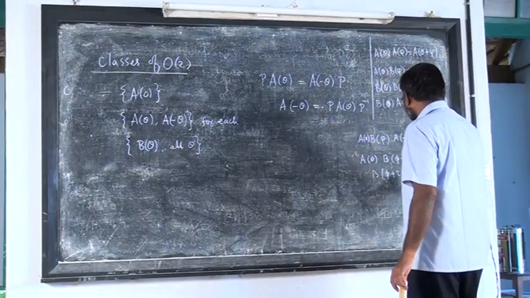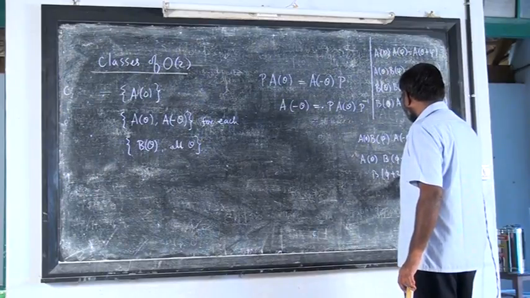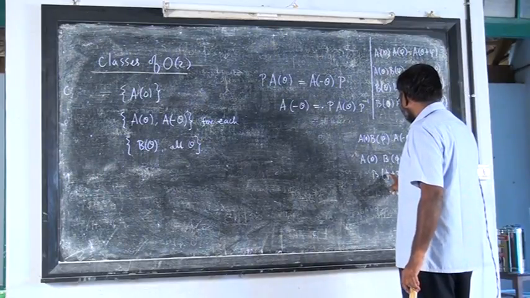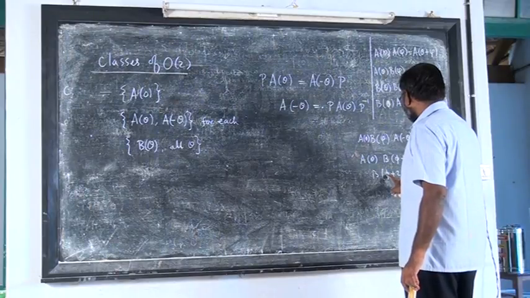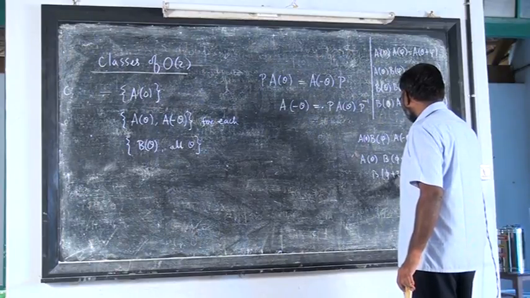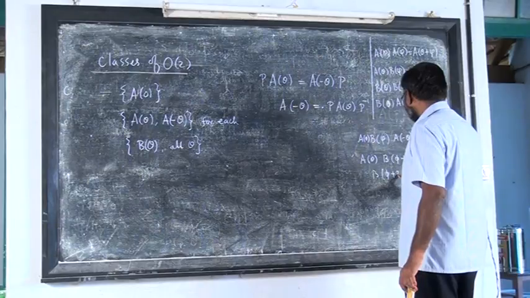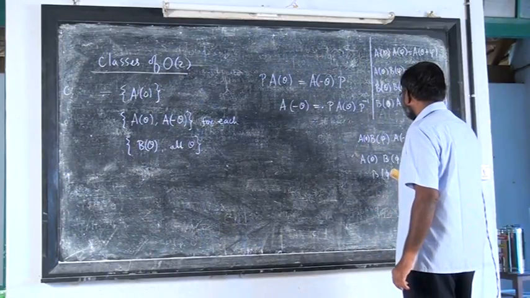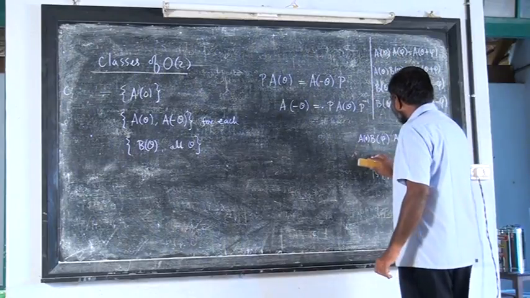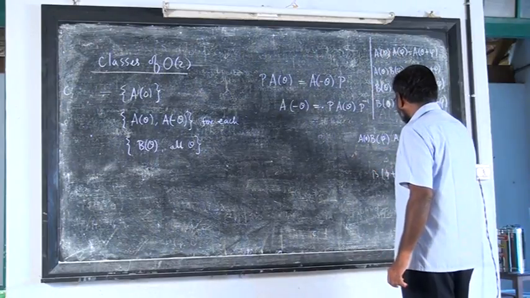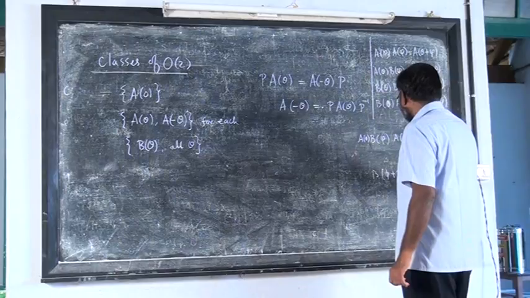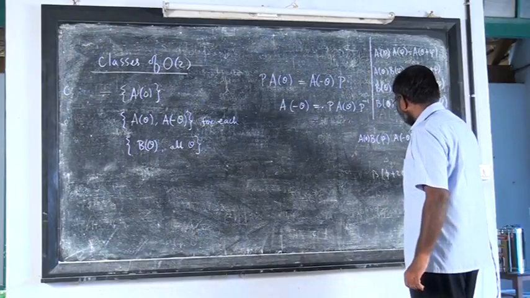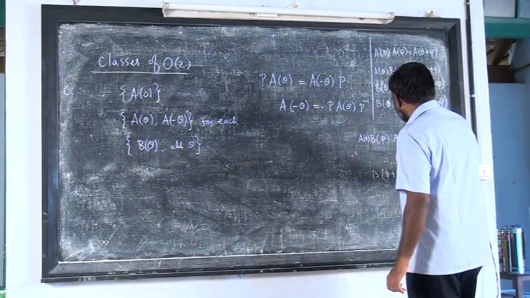Okay, so I want this theta, I must take phi minus theta. No, I can simply choose phi plus theta to be equal to 0.